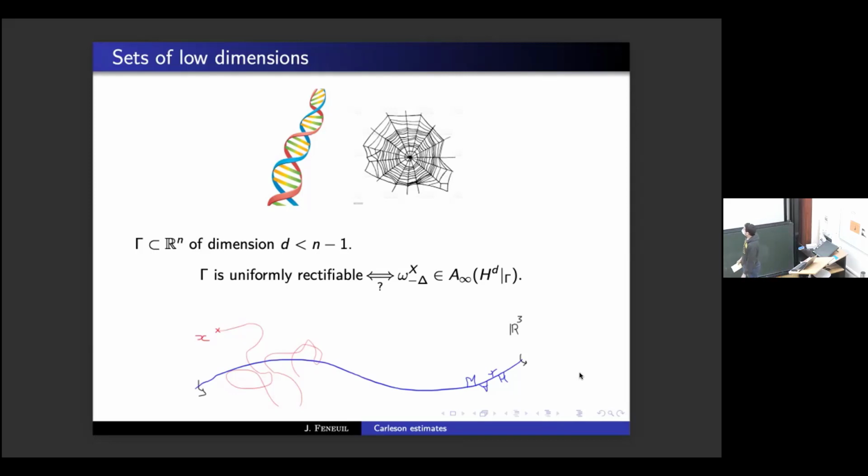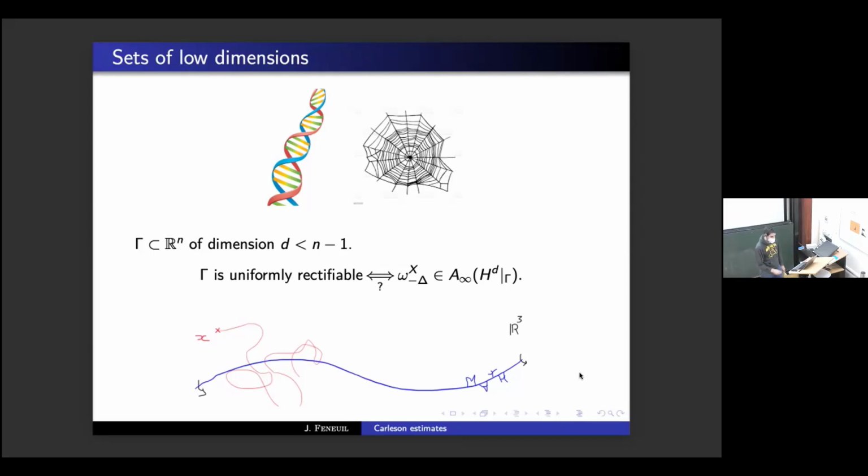First, note that this is not possible if you just take the harmonic measure, so the elliptic measure associated to the Laplacian. And the reason is, if you take a Brownian motion that starts at x, then you will have probability 0 to hit the boundary, which is too thin. So what you need is a Brownian motion which is attracted to the boundary.